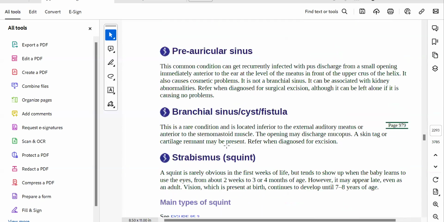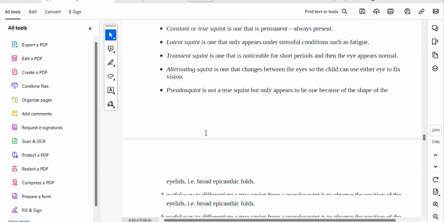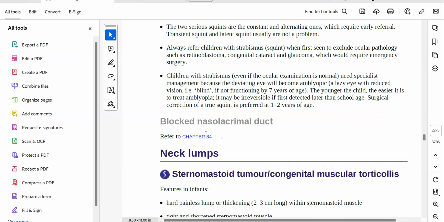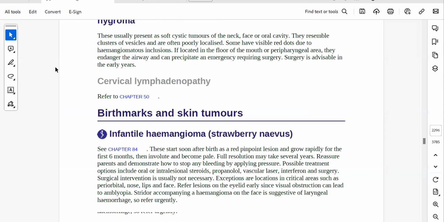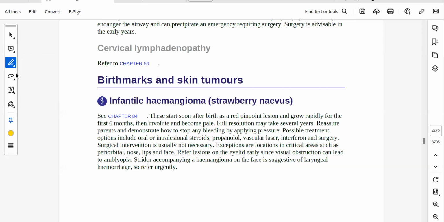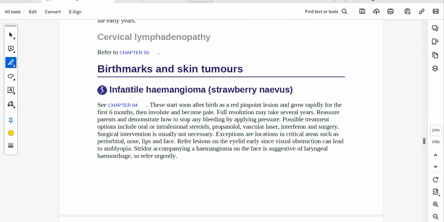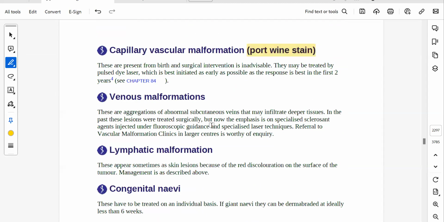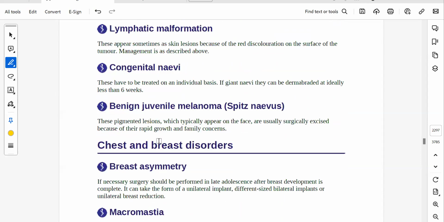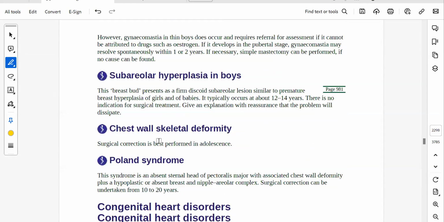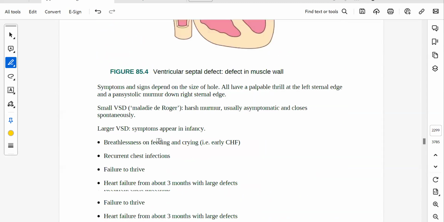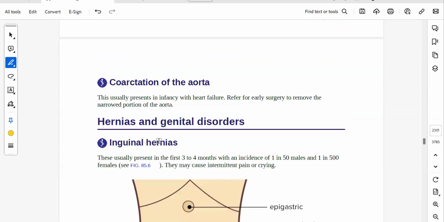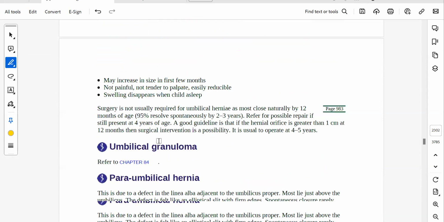But I want you guys to have a look from here about some of the skin condition that can be present in pediatrics. So like infantile hemangioma, which is a strawberry nevi, then how the port wine stain look like. So have a look on the Google. Then this one we have discussed in our class.